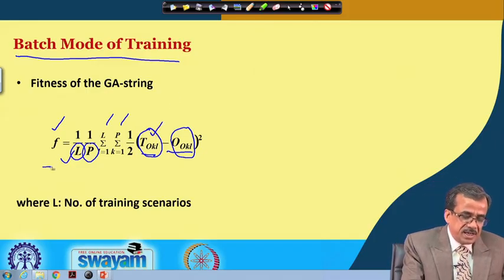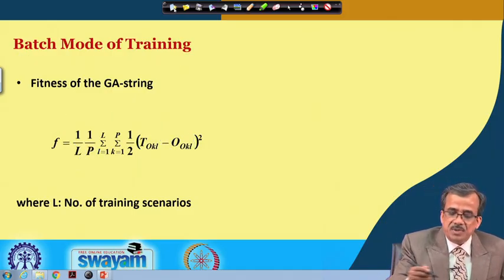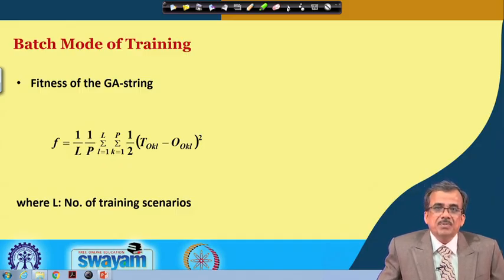This is the way we calculate the fitness of a particular GA string, and once we have the fitness information for the whole population, we are in a position to discuss how it can evolve that optimal network.